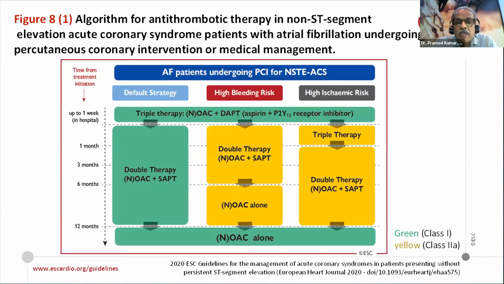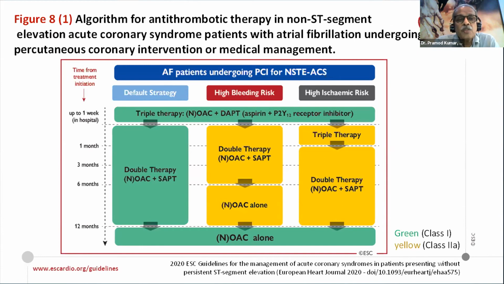So again, another group which is very frequently encountered these days is patients who present to you with atrial fibrillation. Now, these patients require anticoagulation almost lifelong, and then they develop coronary artery disease. They're undergoing PCI.